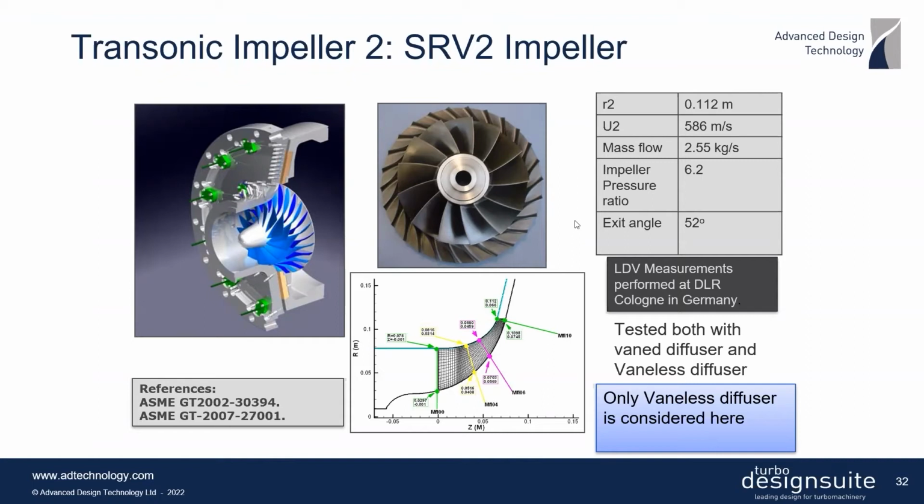So I'll first share some CFD validation results with you, because obviously with these very high pressure ratio compressors, doing a proper CFD calculation is also very important. And so the LDV measurements here were used that were supplied by DLR to validate the CFD calculations.